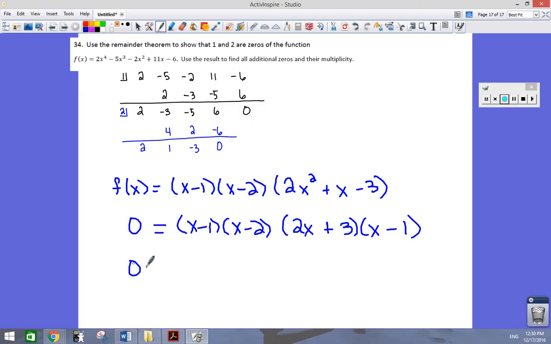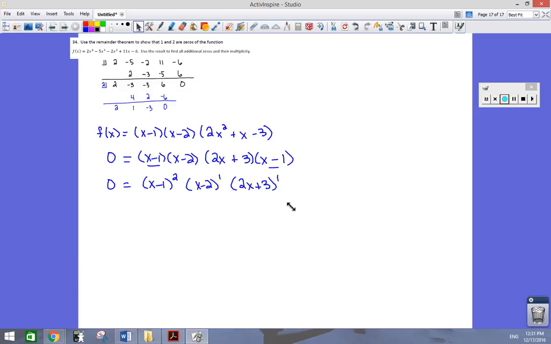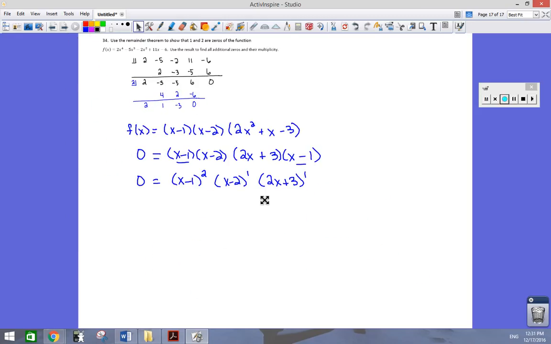Now, I notice that I have x minus 1 here and here, so that x minus 1 has a multiplicity of 2, and this x minus 2 here, 1, and this 2x plus 3, 1. So I always like to just present my zeros and the multiplicity, and it didn't ask, but how it intersects the x-axis, all just in the form of a table.